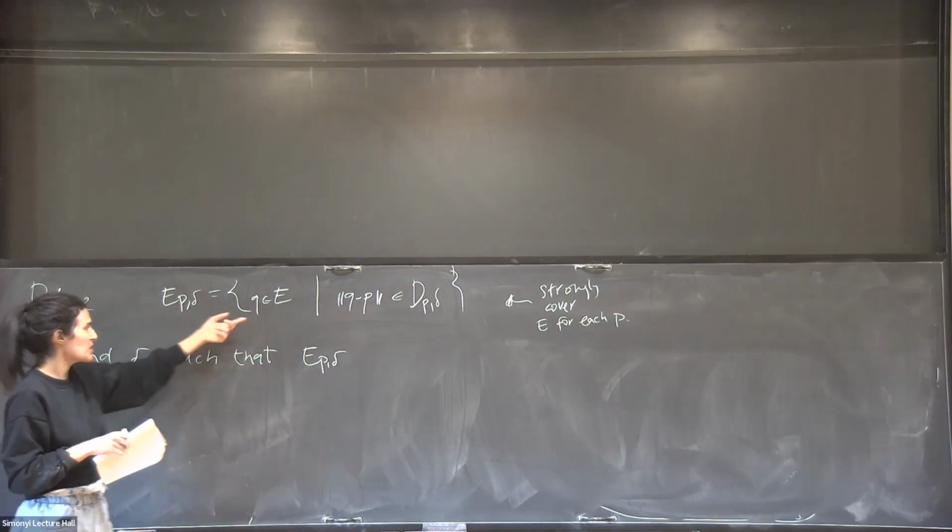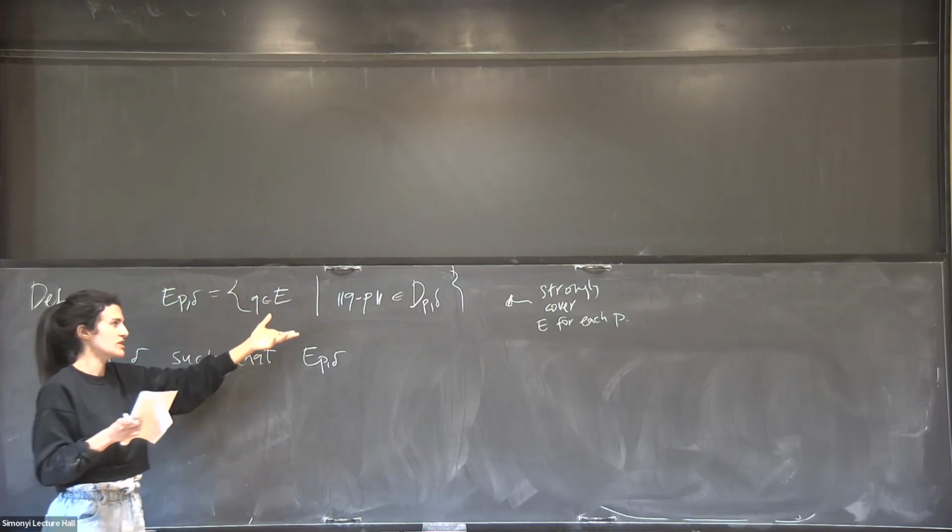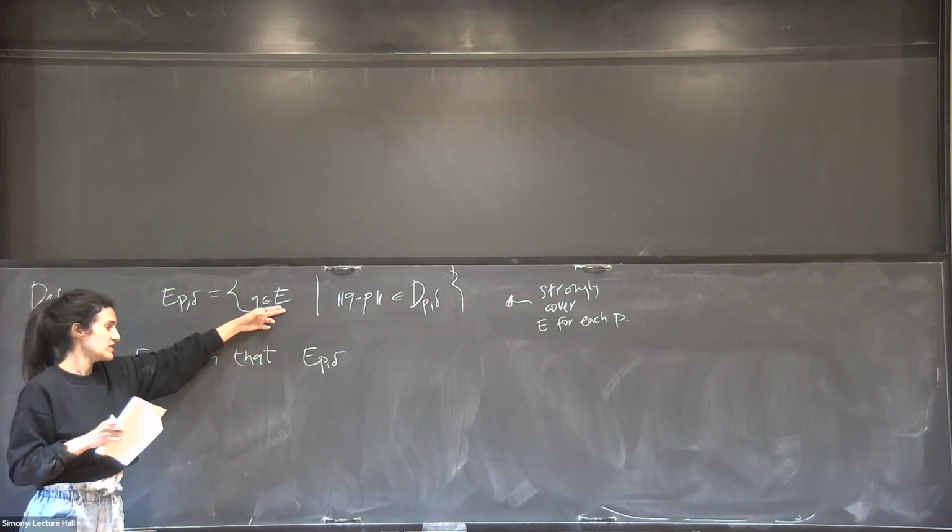But for certain deltas, maybe this set is really small. We don't have too many points of E here.